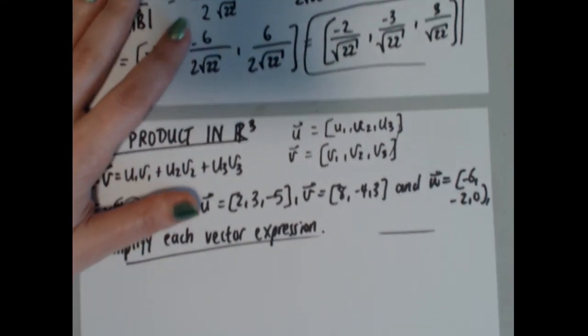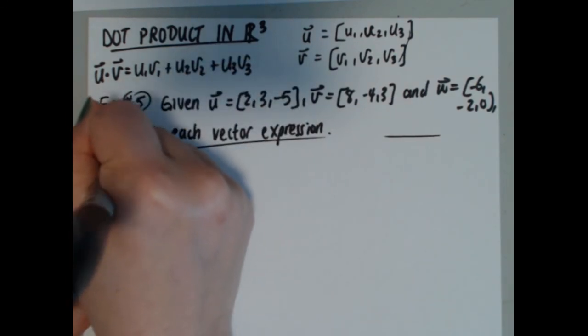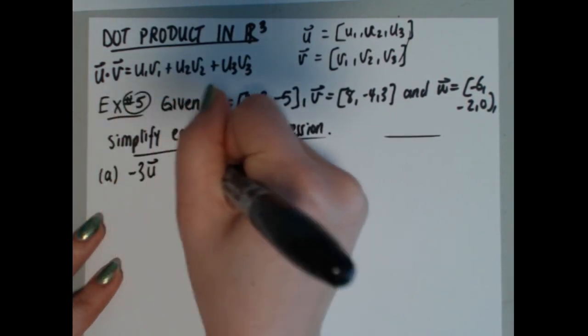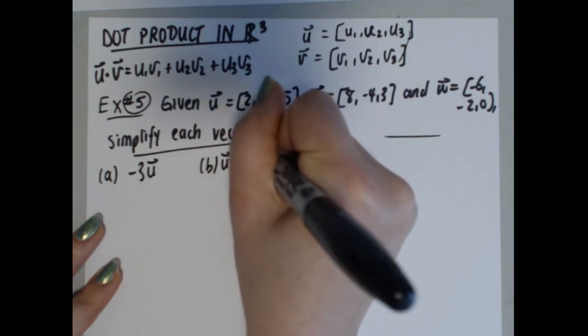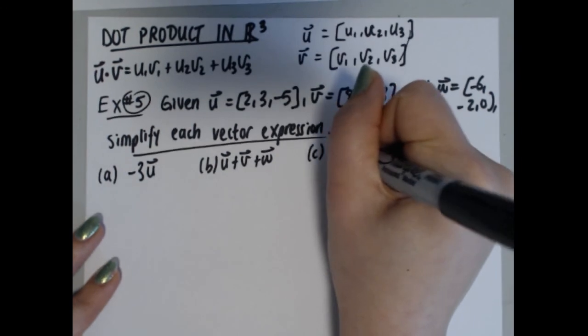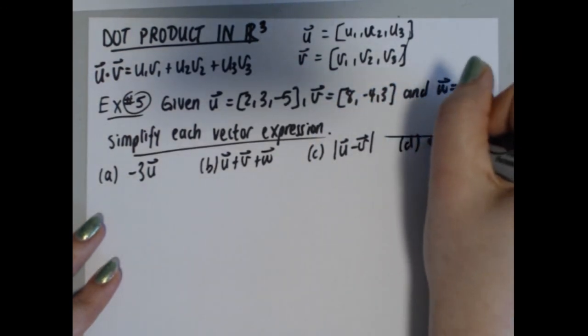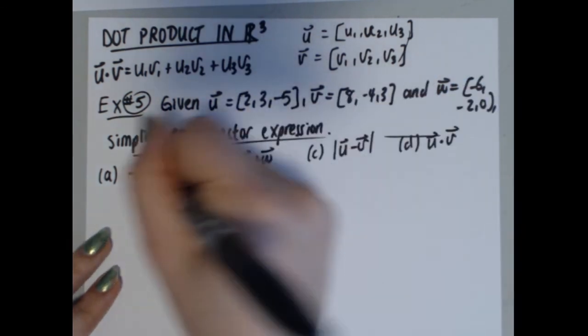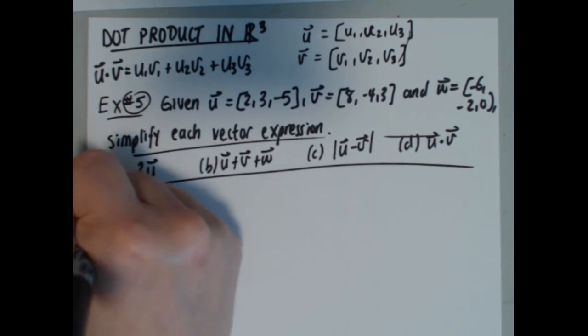So for part A, we're going to find out what -3u is. For part B, we're going to find u plus v plus w. For part C, we're going to find the absolute value of u minus v. And for part D, we're going to find u dot v. So same things that we've been doing in R2, except now we're just expanding and applying it to R3.